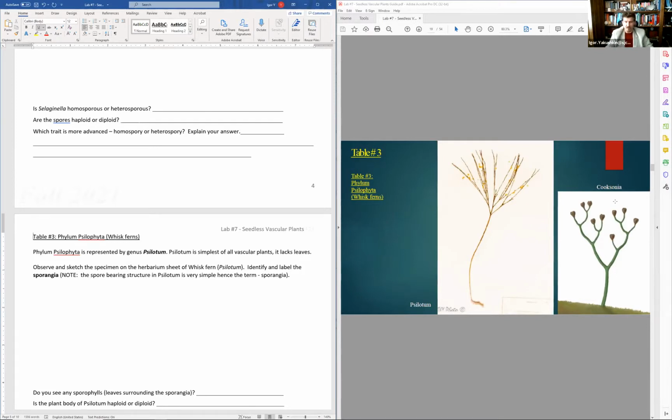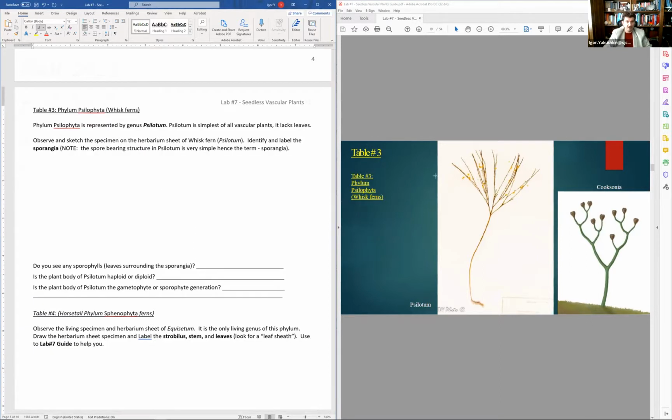Of course, we don't know exactly how it looked, but we are thinking based on whatever we recovered from the fossil record. This is how Cooksonia looked like. This is how the Psilotum looks like.